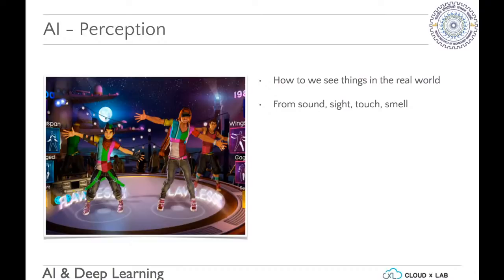Can it perceive things like you, like people, right? And the perception today is built using many things, using camera, infrared, using other mechanics like NFC. So the perception is something really important.